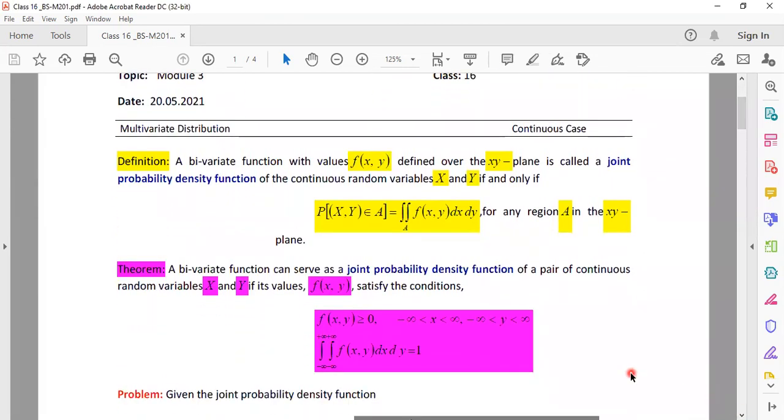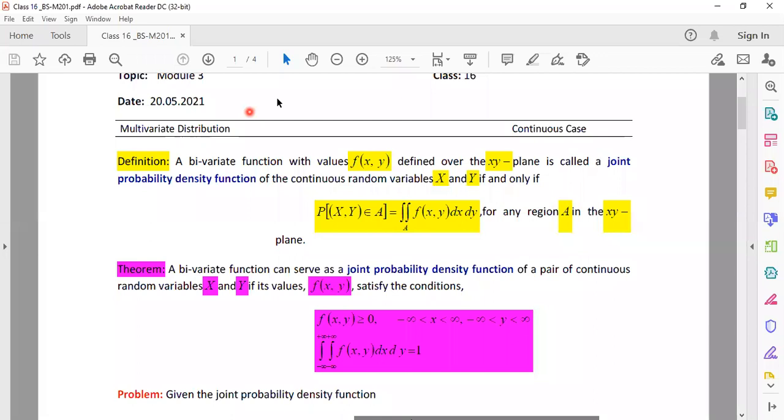Now, as I have just told you, all the properties that you have established in the case of univariate distribution will be carried over to any distribution, be it bivariate, trivariate or multivariate. So all the fundamental properties of the univariate case will also be true for the bivariate case.